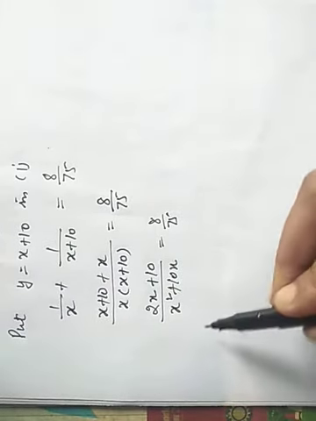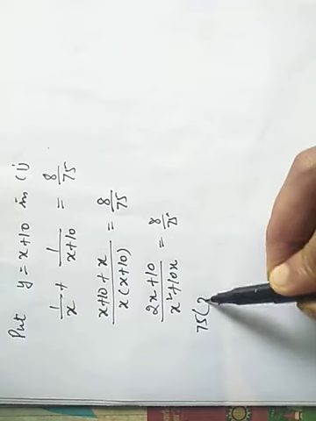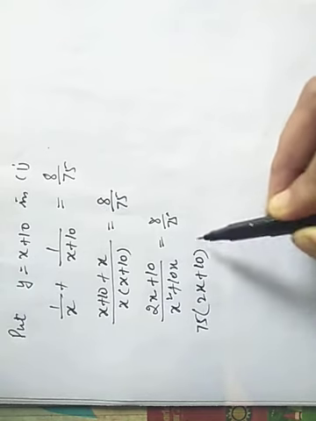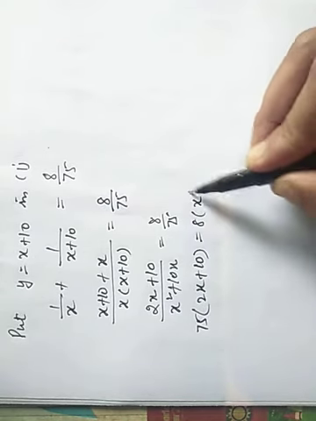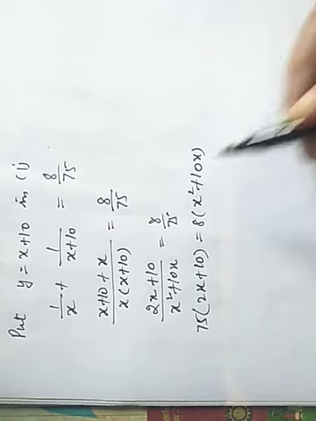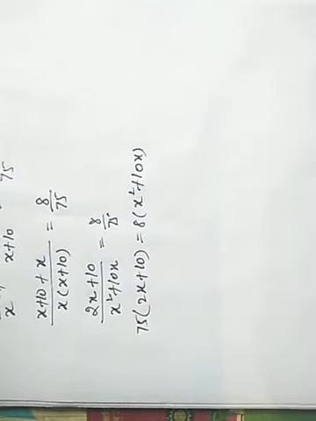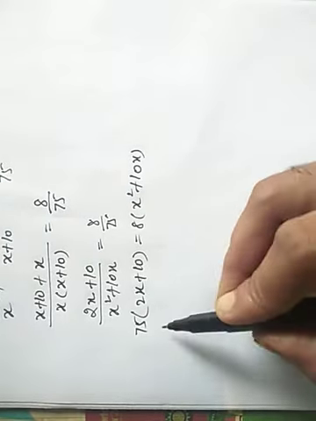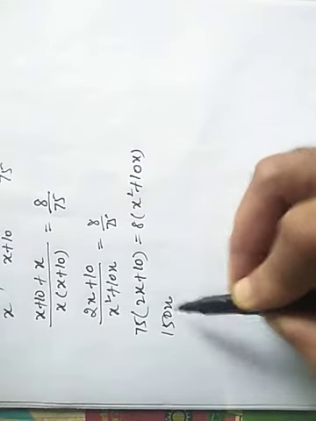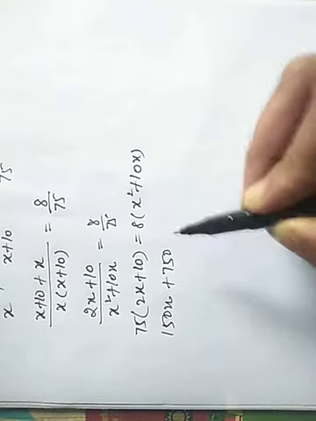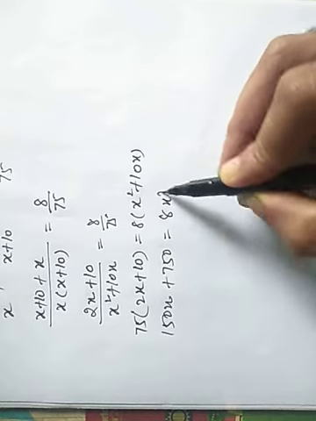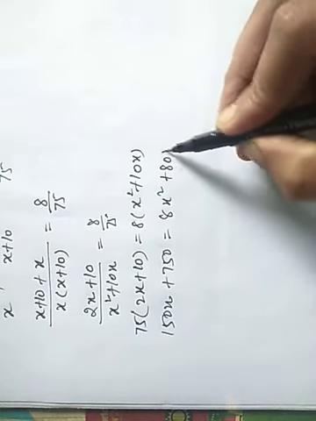We can cross multiply: 75 into 2x plus 10 is equal to 8 into x square plus 10x. We will multiply, so we will get 150x plus 750 is equal to 8x square plus 80x.